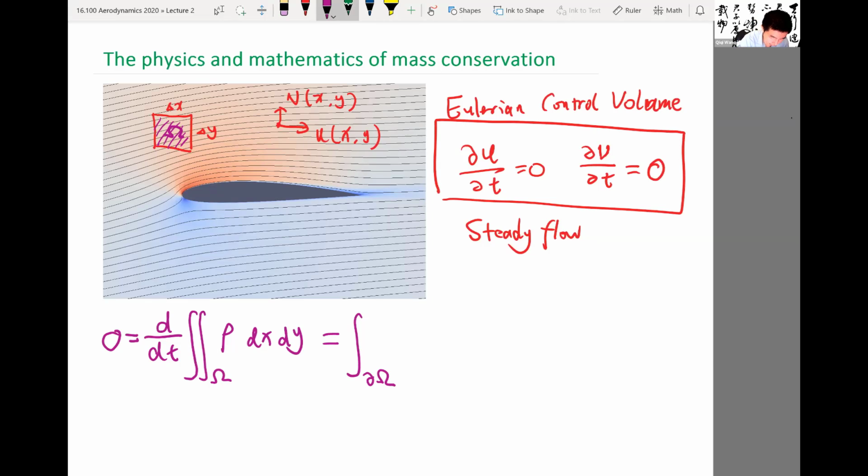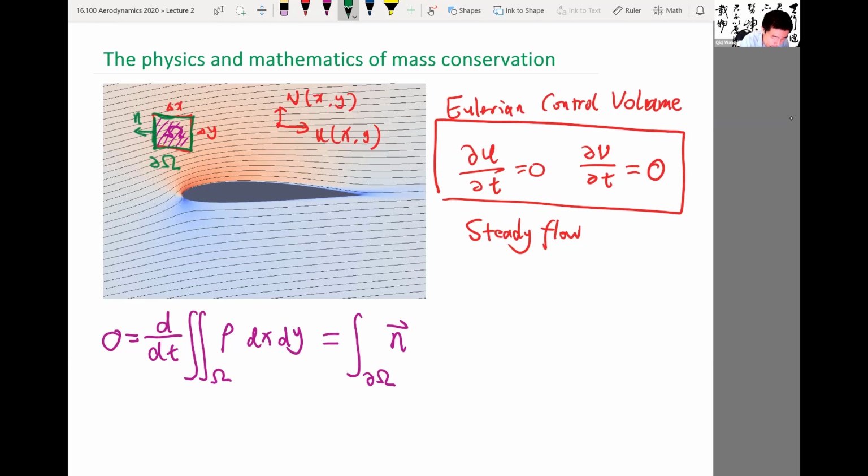So let's actually denote this boundary as partial omega, right? Omega is the interior, and partial omega is a mathematical notation for the boundary of the control volume. It has nothing to do with partial derivatives, okay? So it is equal to the integration over the boundary of the normal, and the normal always points outwards, right?